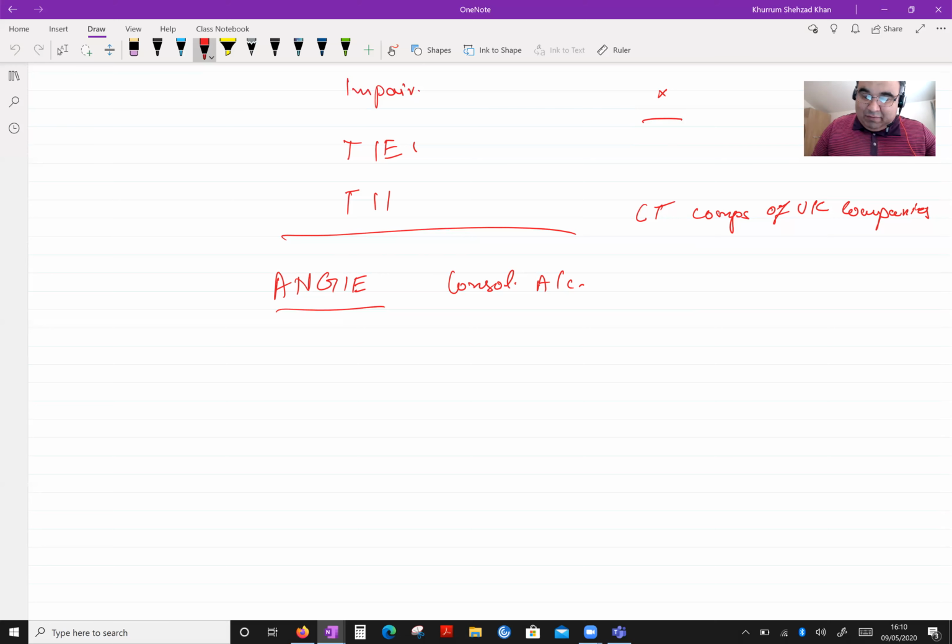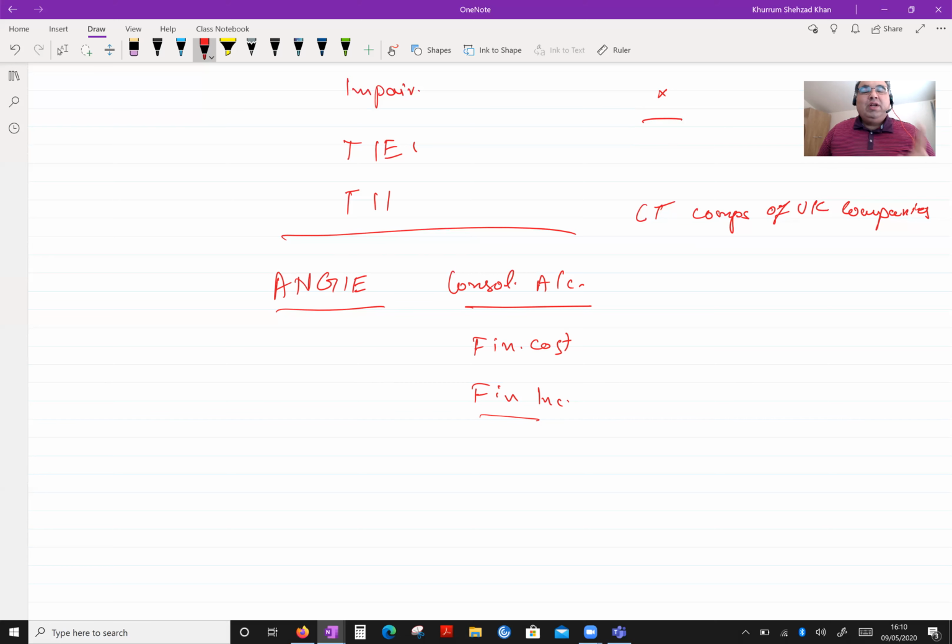So when you look at consolidated accounts, any finance cost or finance income in the P&L will be related to third parties. That will be part of your NG, the aggregate net group interest expense and income.